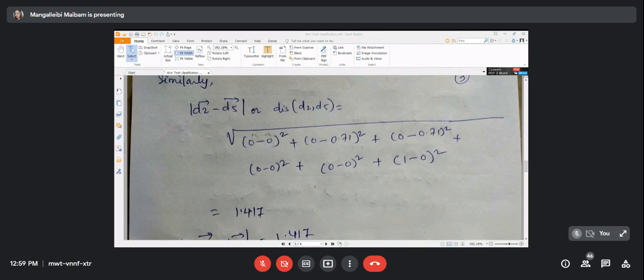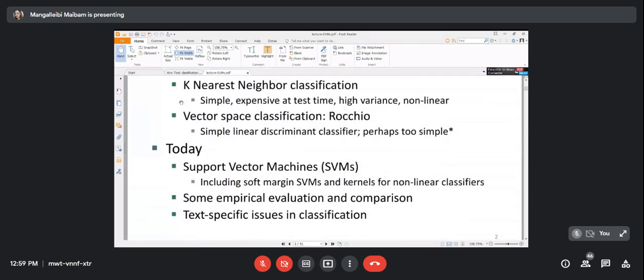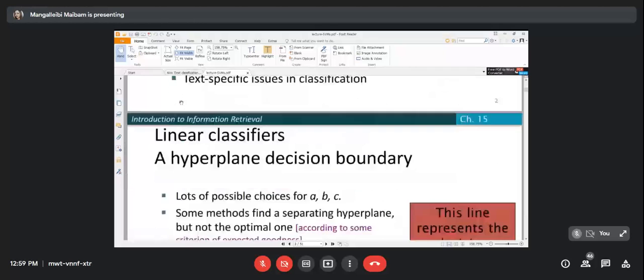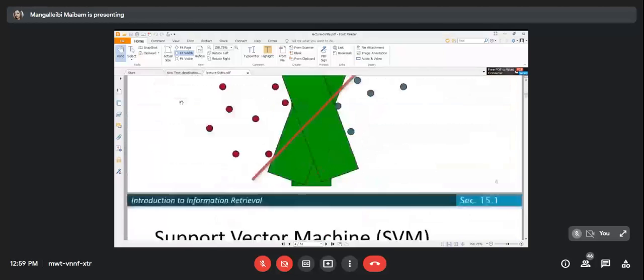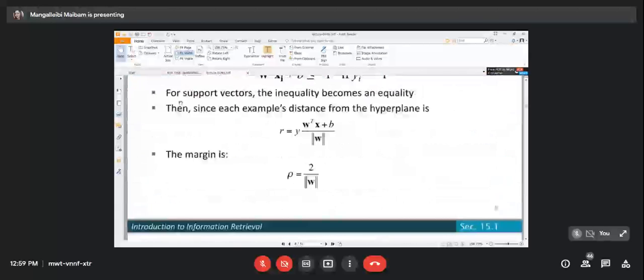And in this vector space classification, we have done two algorithms. One is Rocchio's classification and one is KNN classification. All these classifications are text classification, and also we have SVM for text classification. That one you can go through by yourself for understanding purpose, but for the exam portion I think SVM won't be there.